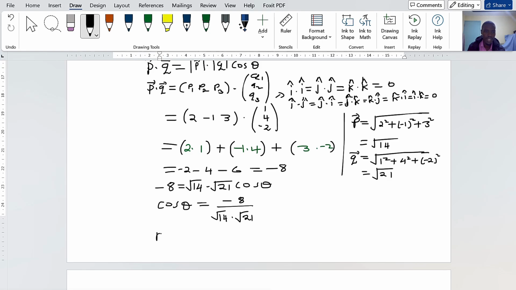Now let's get beta, which is the acute angle formed by the cos inverse of, ignoring the negative, 8 over √14 times √21. So let's find that beta and use beta to get our theta.